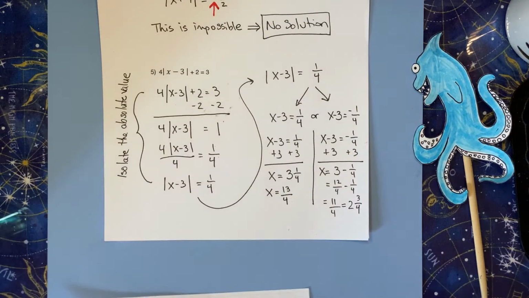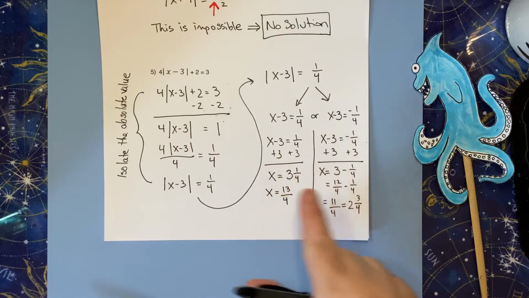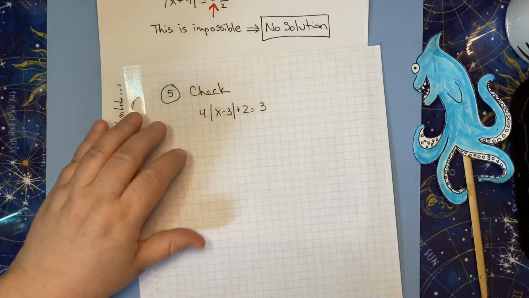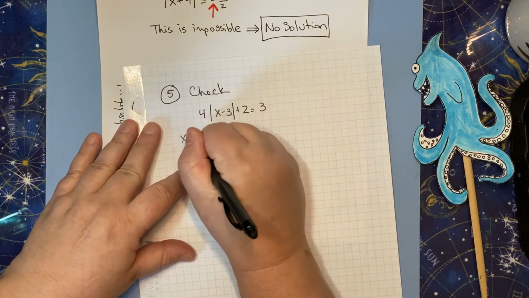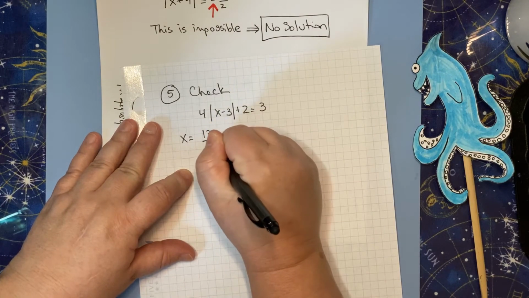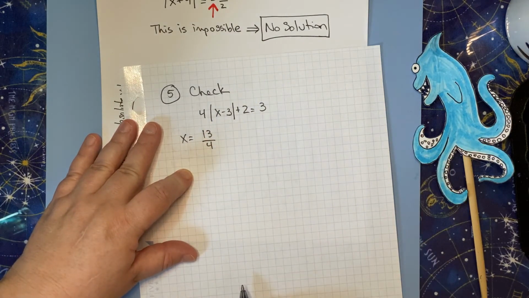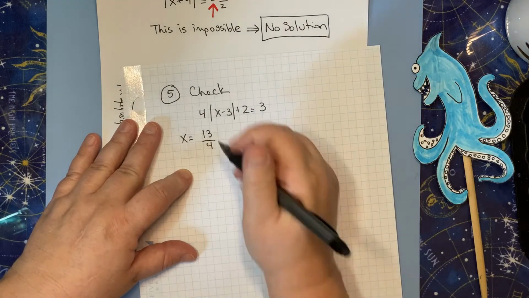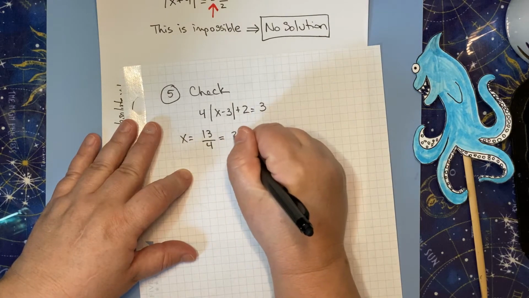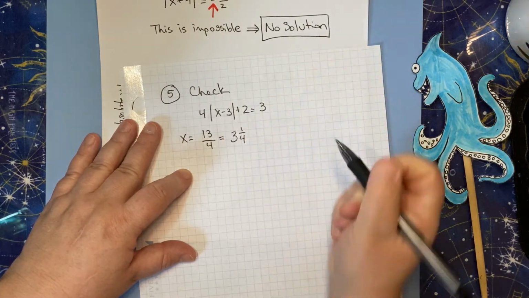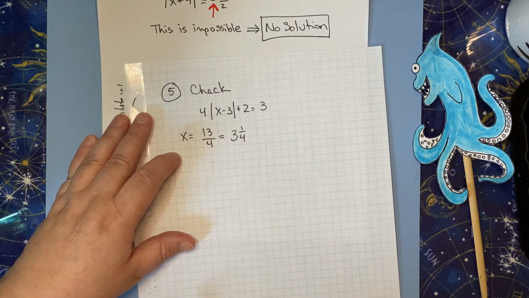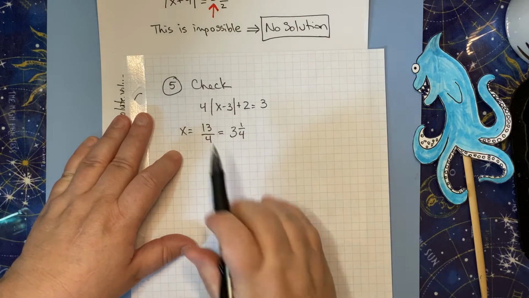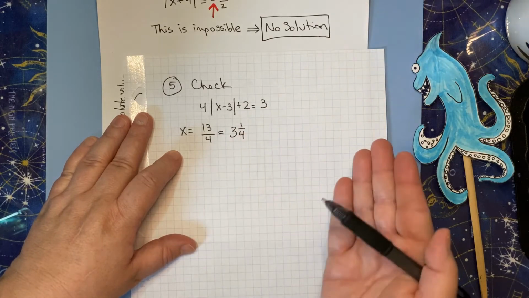Okay, first example, I'm going to go with 13/4. Oof. And then I'm going to say that that equals 3 1/4. I'm going to switch it to the mixed number. Again, these two are equal, so I can replace one with the other.